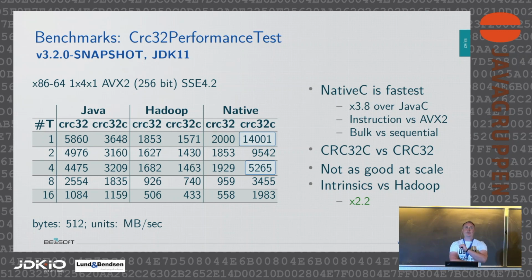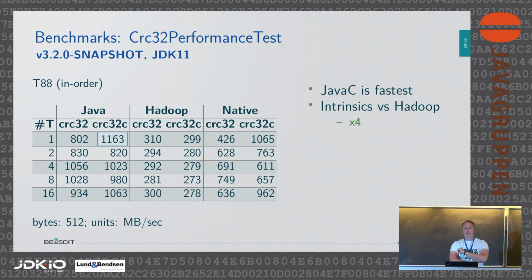Why does it happen? Because the Hadoop native library uses a bulk approach, which works very well on out-of-order architectures, where we calculate a few independent checksums for a few blocks. So we have independent instructions that can execute in parallel in hardware. And the native library implementation takes that into account. And also we can see that they made a great improvement, more than 2x. And yeah, on Intel also.